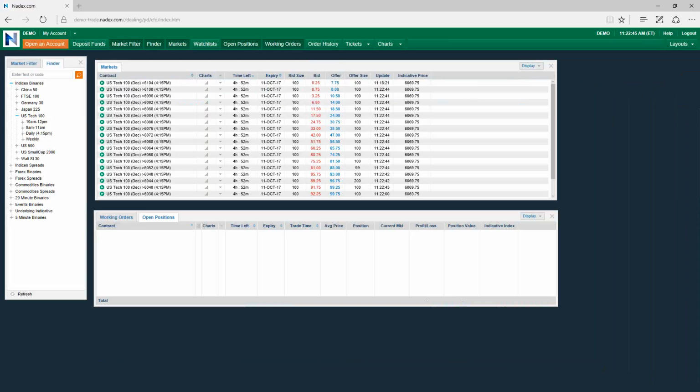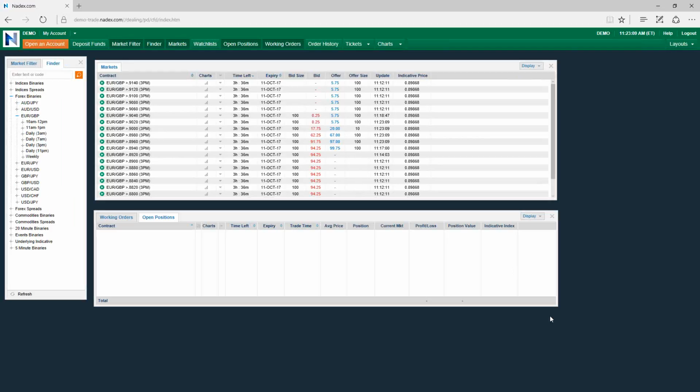Let me go and look at, for example, the Euro British Pound. I'm just going to bring it up to show you an example. I don't know what the risk is on this.